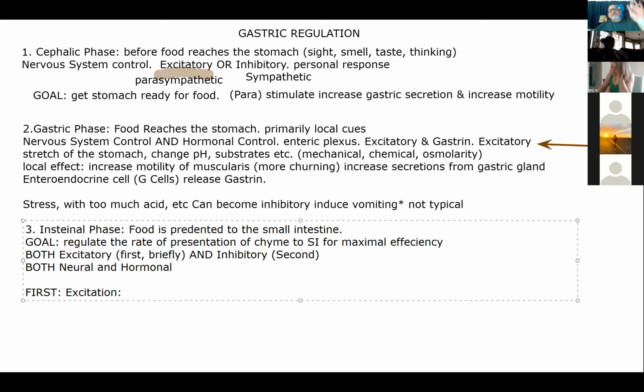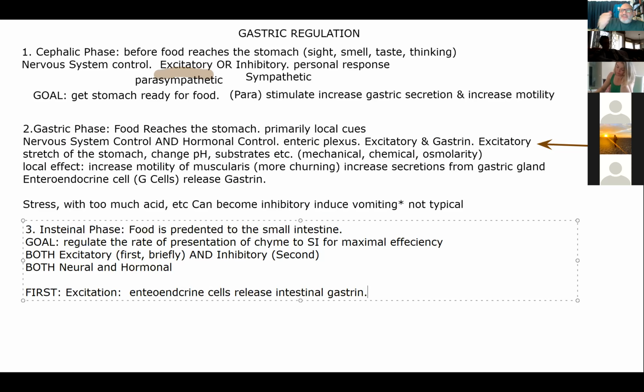When food is first presented to the small intestine, it has its own enteroendocrine cells. And these enteroendocrine cells release intestinal gastrin. Intestinal gastrin is identical to stomach gastrin, with the only exception being where it's produced.